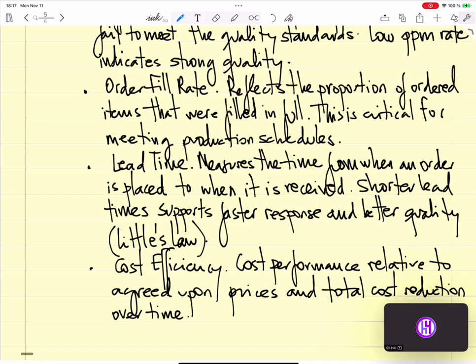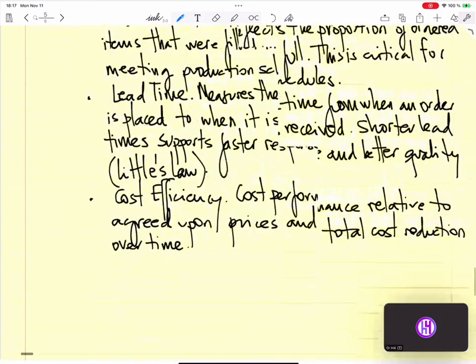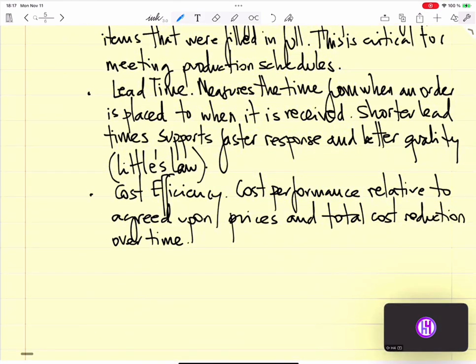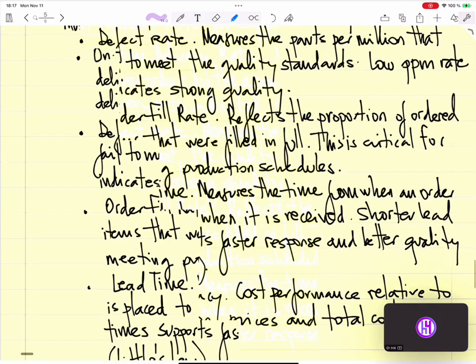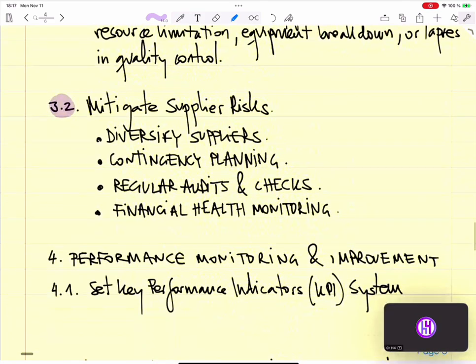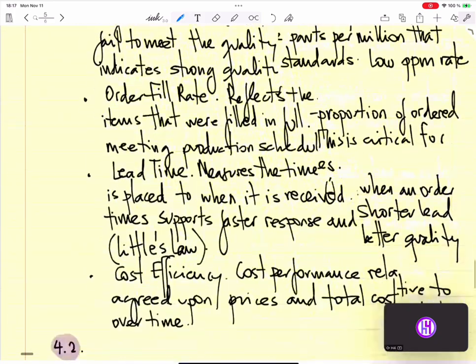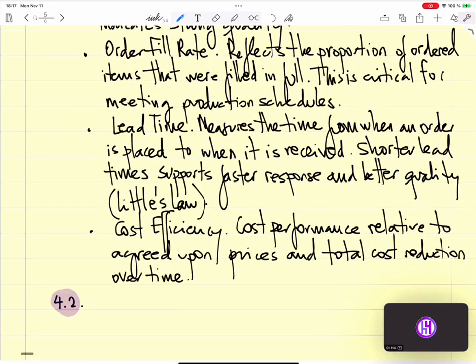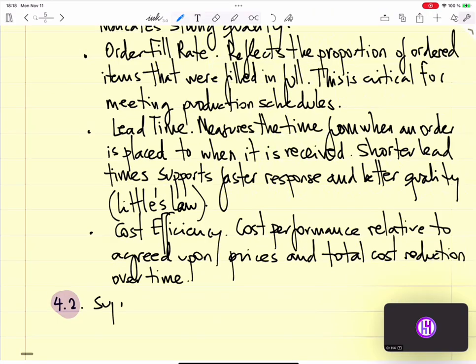And once we have this in place, such as supplier management KPI system, we want to have some supplier development program.